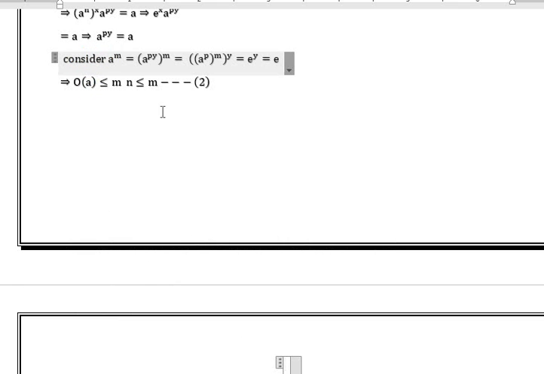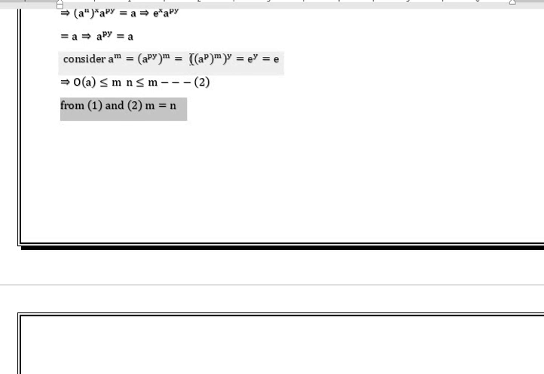So this implies order of a is less than or equal to m. Order of a means it is n, so this can be written as n is less than or equal to m. Consider this as equation 2. By 1 and 2, we get m is equal to n.